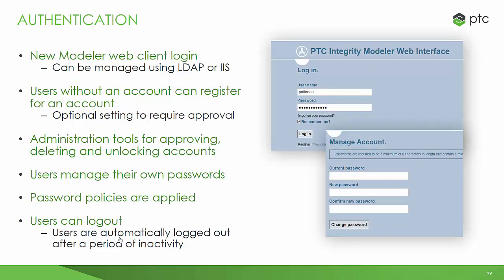We've also added authentication, so you have to log in by some process, including LDAP, into the web interface. This gives much more security, controlling access to the information. If you don't have an account, you can register using the interface and get up and running very quickly without requesting a login first.